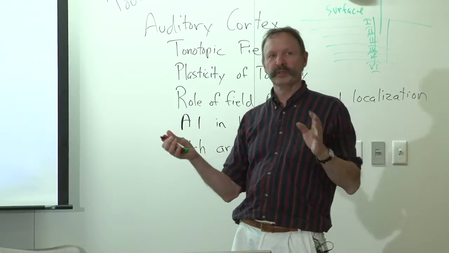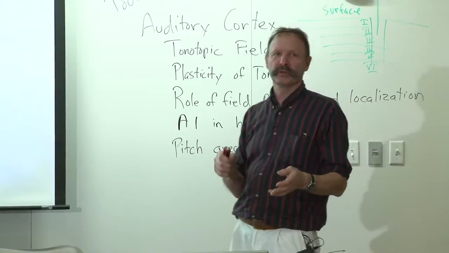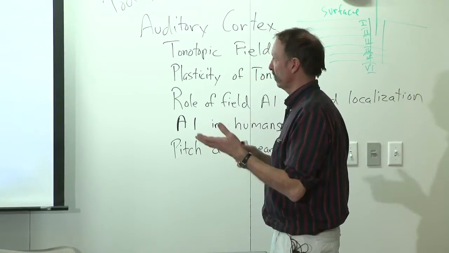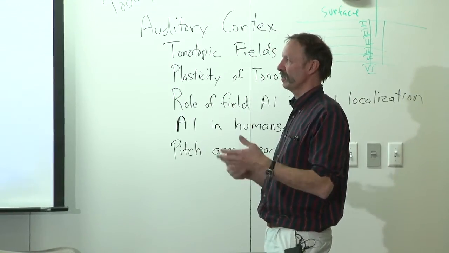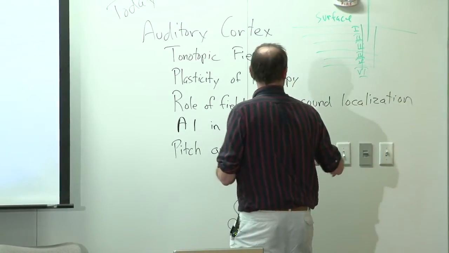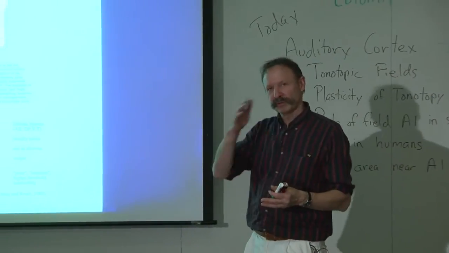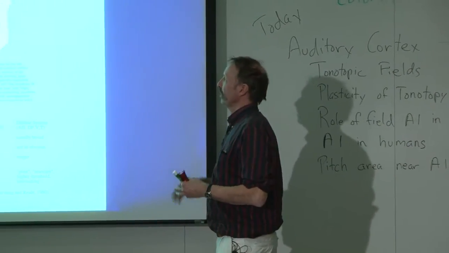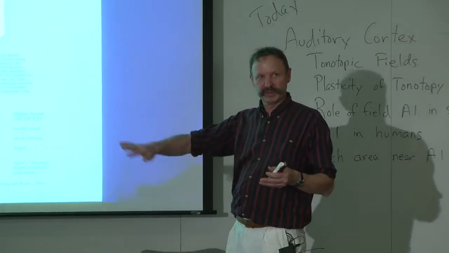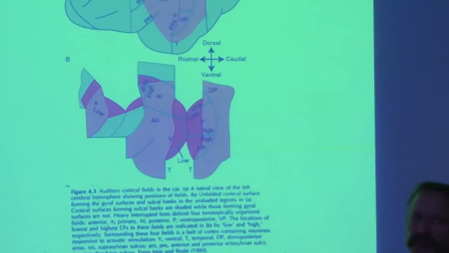And where S1 meets S2, there's also a mapping, but it's a mirror image. Okay, so this is not a surprise in terms of general cortical organization. And it's also not a surprise in that in the visual periphery, you have the retinotopic mapping. In the auditory periphery, you have the CF mapping, and you have this nice CF mapping along the cortex.